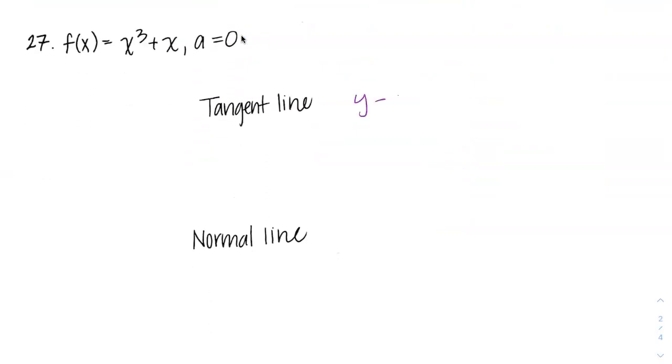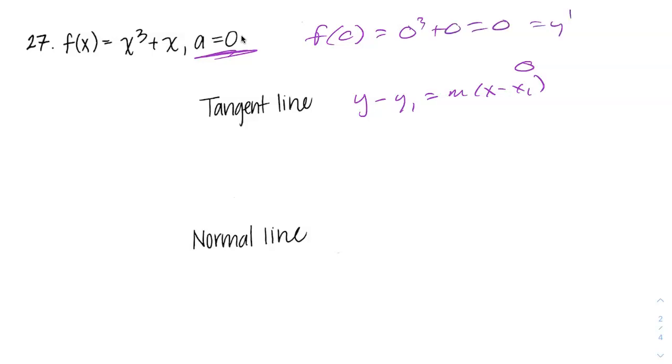So y minus y1 equals m times x minus x1. 0 is our x1. f of 0 will give me my y1, which is 0 cubed plus 0, so just 0. Remember, m is always the slope, it's a derivative, so this is always f prime of x1. f prime would be 3x squared plus 1.